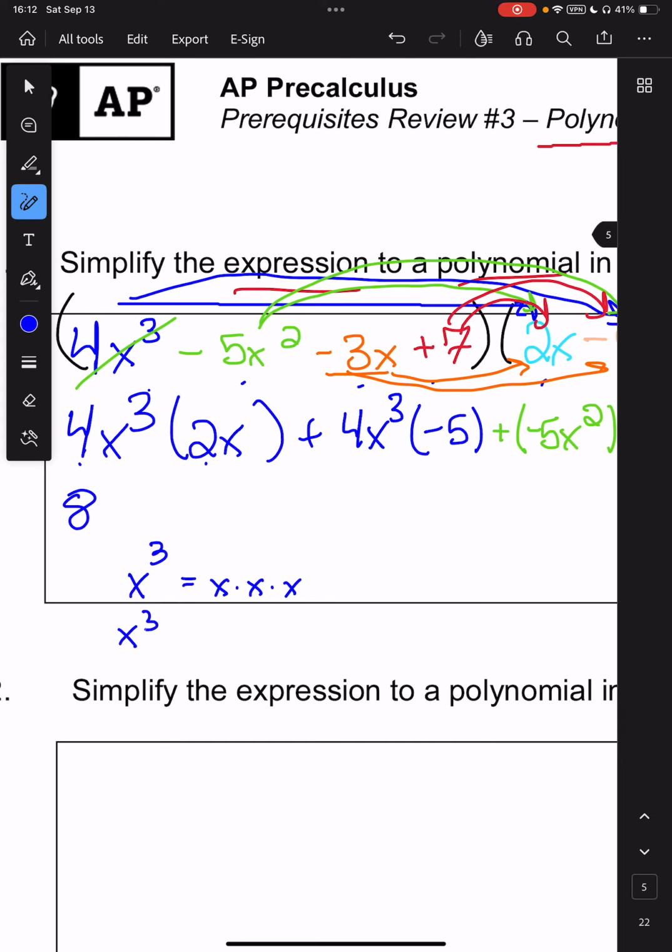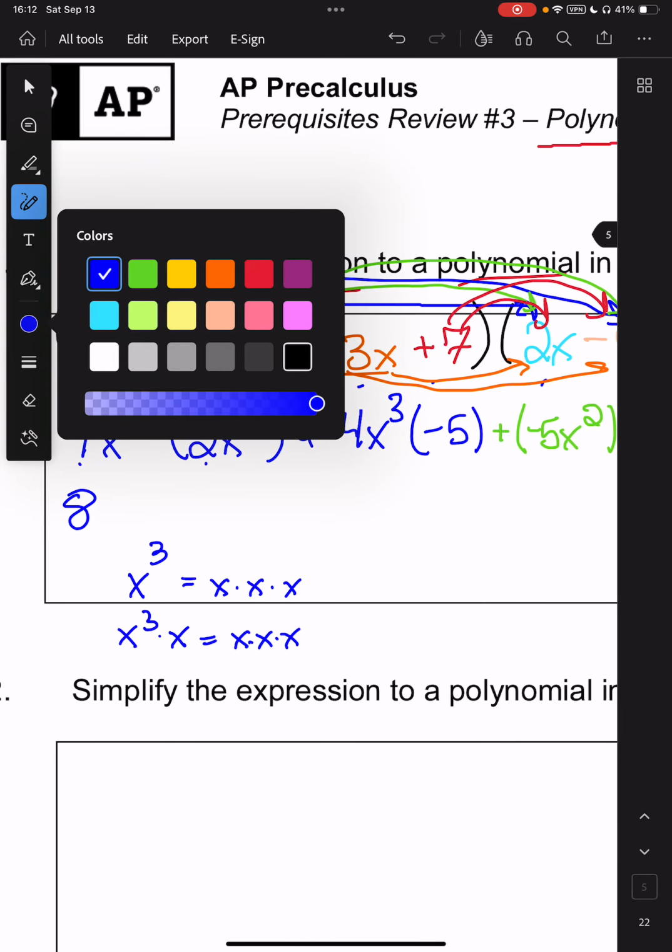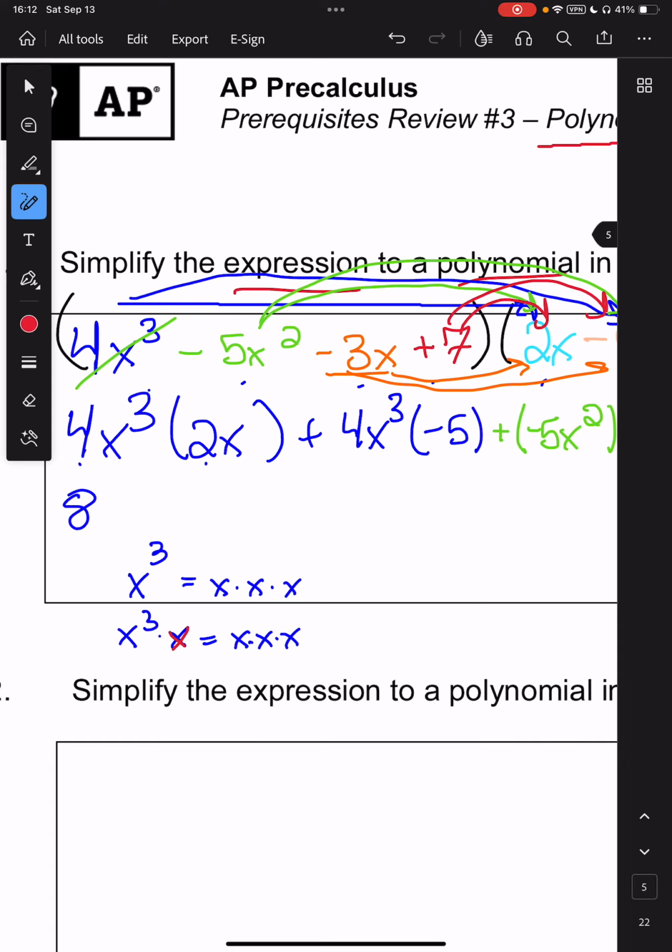So x cubed times x is x times x times x times x. What is this? 1, 2, 3, 4 x's, or x to the fourth. So our 4x cubed times 2x becomes 8x to the fourth.